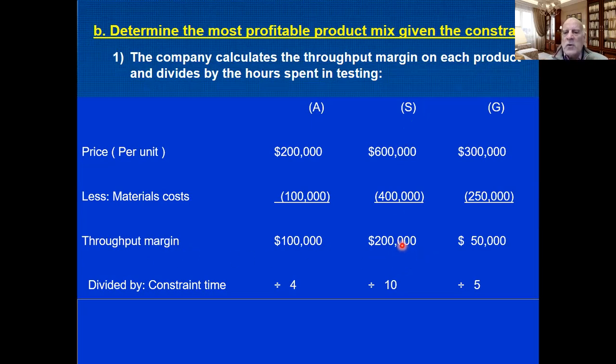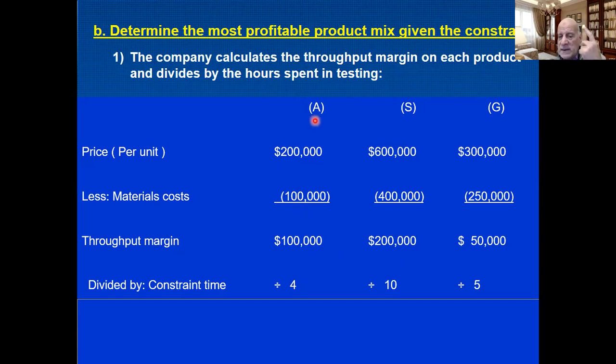We have to combine this throughput margin with the bottleneck, with the constraints. The constraint in this example was assumed to be the time for testing. So we have to divide the throughput margin of each product by the time consumed to produce one unit.